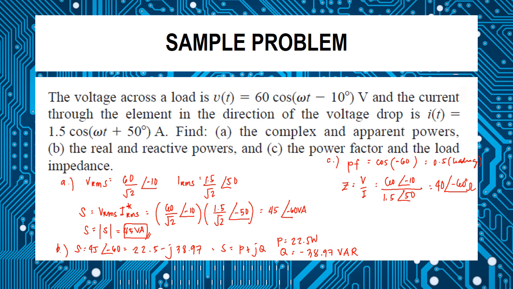Now for the real and reactive powers, we can express the complex power in rectangular form. So this value of S, which is 45 angle negative 60, can be expressed as 22.5 minus j38.97 in rectangular form.